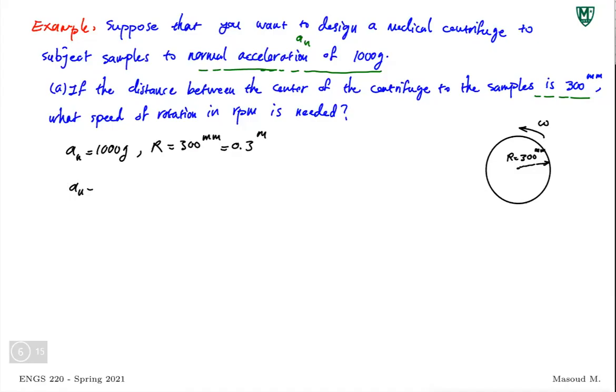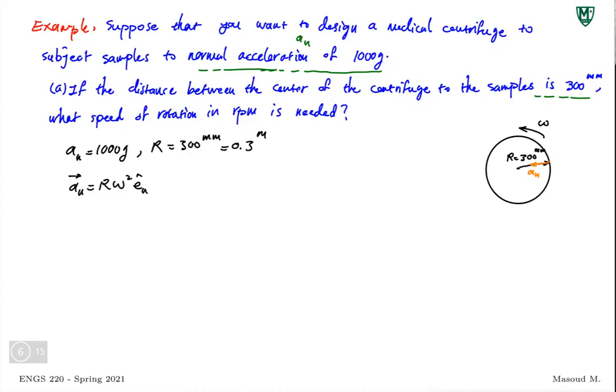So AN is R omega squared, right? We just care about the magnitude. The direction is obviously AN is in this direction, but in this case, we only care about the magnitude. If you want to write it as a vector, this would be R omega squared en.